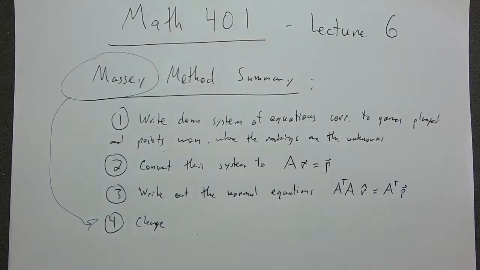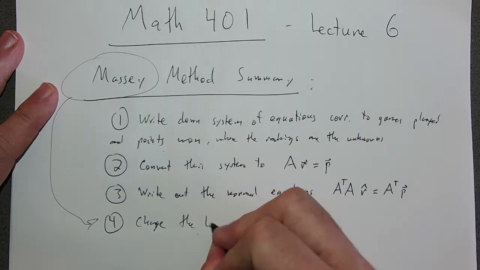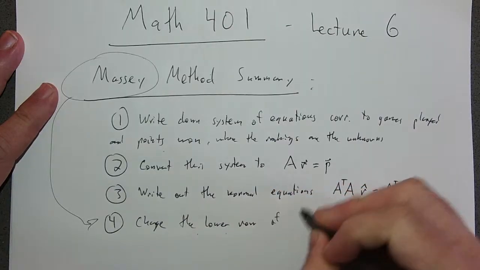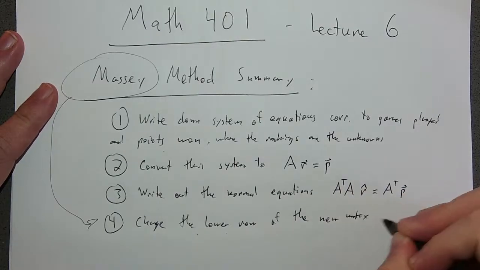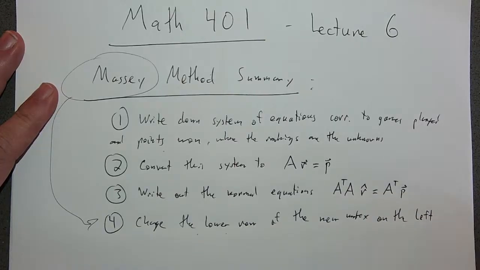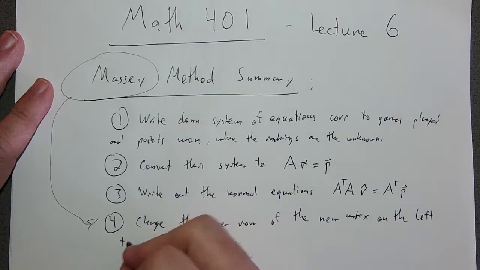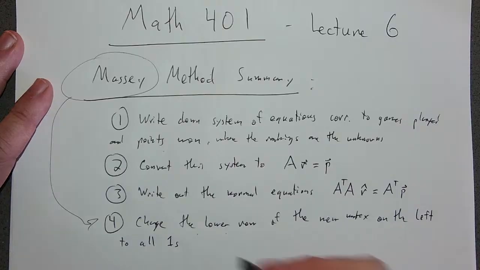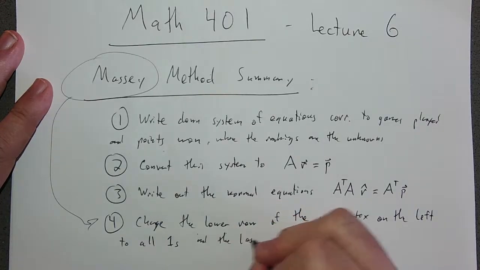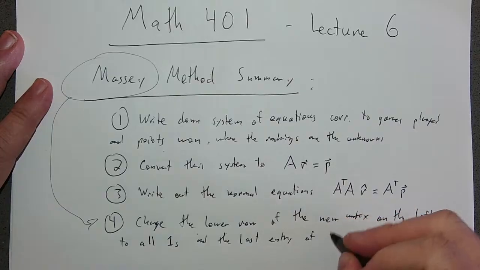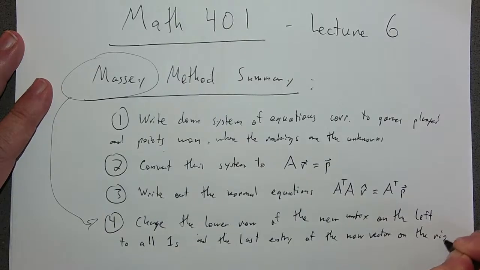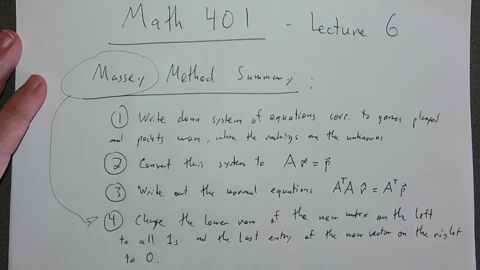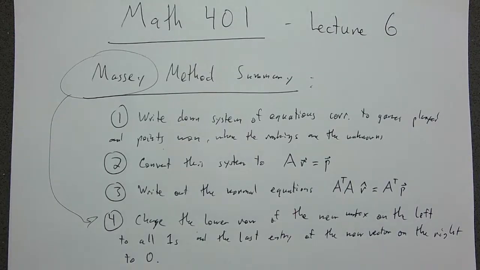So here I want to change the lower row of the new matrix on the left to all ones, and the last entry of the new vector on the right to 0.